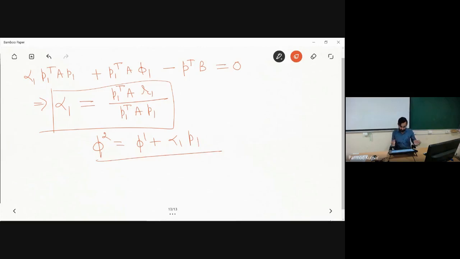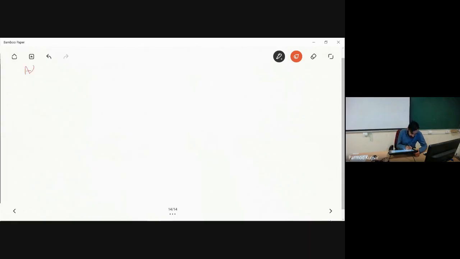Now let me also give the generalized form for this method. For this method, the algorithm works like this. Our first step will be to guess phi 0. Then we have to find R0 and alpha 0, and then set P0 equal to R0.